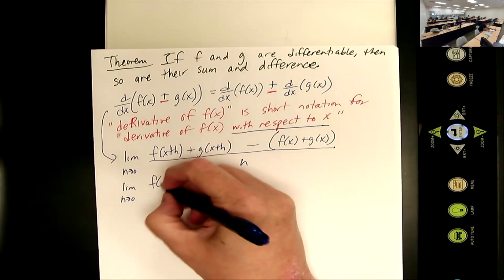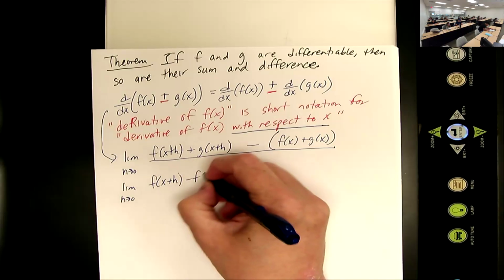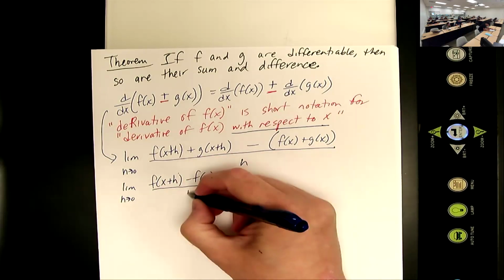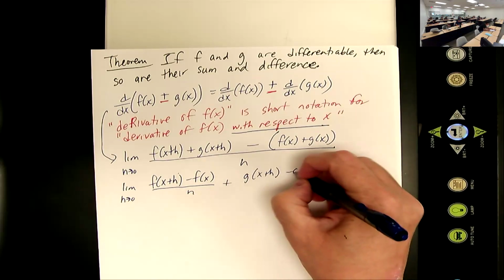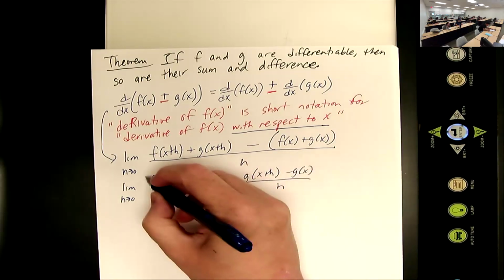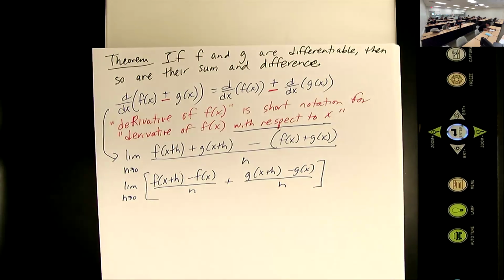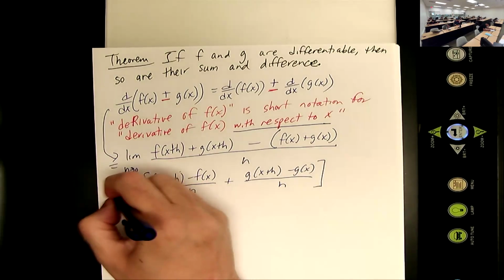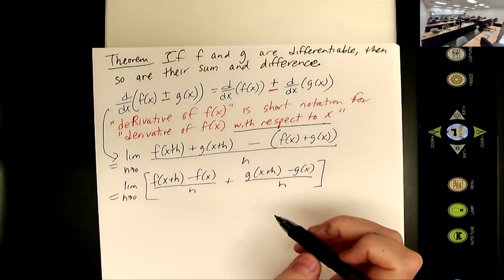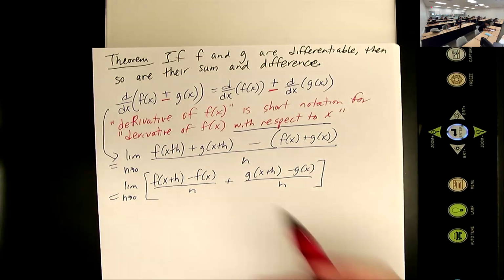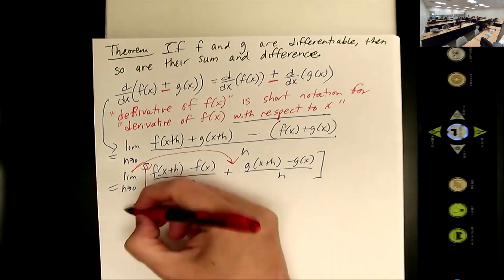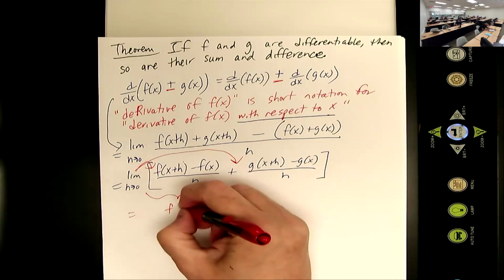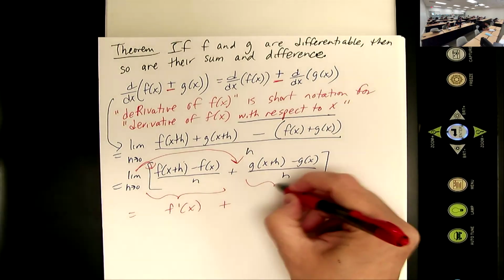We'll put the f of x's together, and we'll put the g of x's together. And we know limits can go to each thing individually. This first one is f prime of x, and the second one is g prime of x.